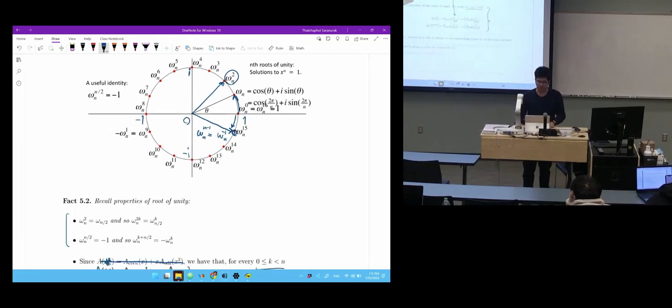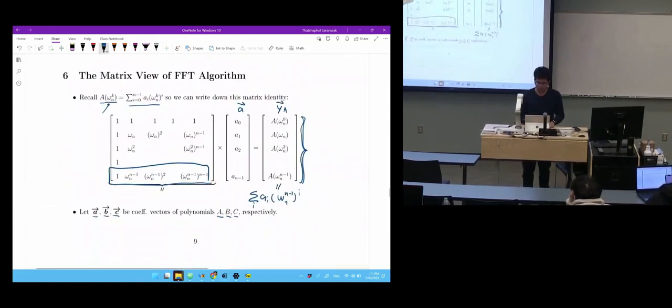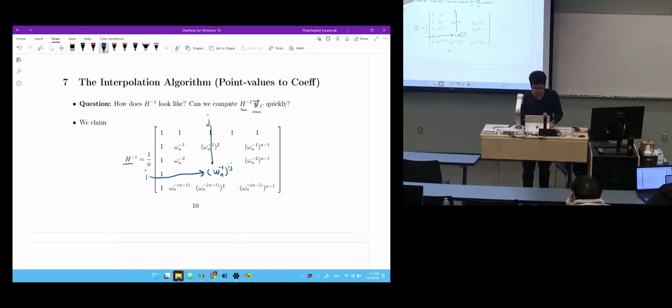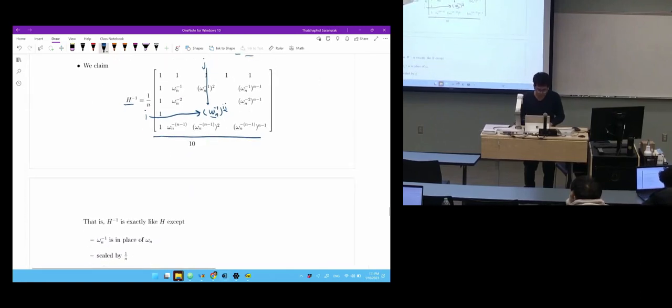Okay. So now you see that this is omega n inverse, and on each row and column, at point i and j, you put omega n inverse to the power i times j. You see that this looks exactly like H. In H, at point i and j, you put omega n to the i times j.